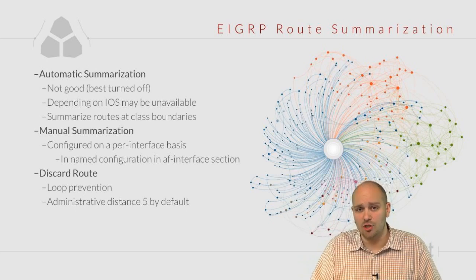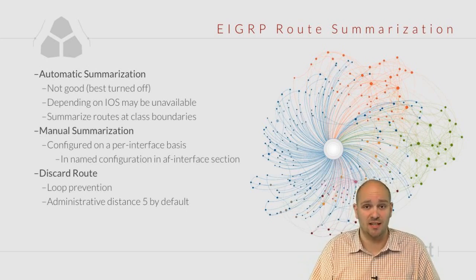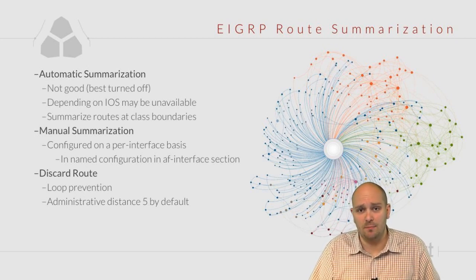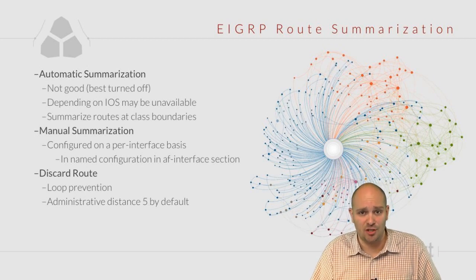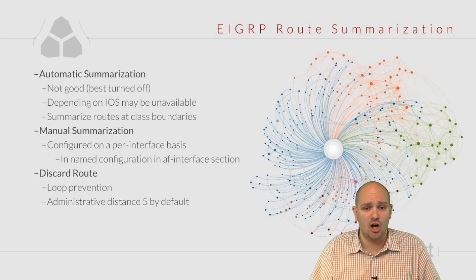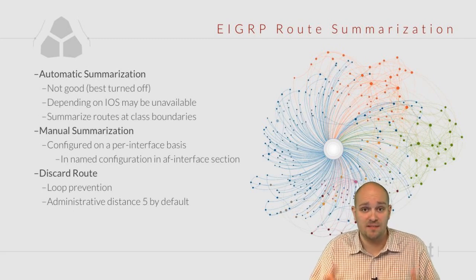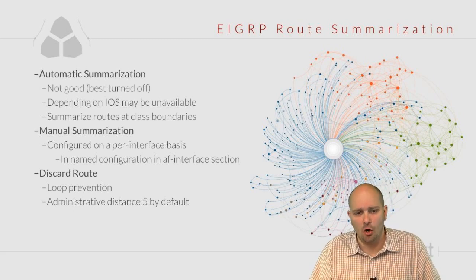In a case that you are using the named mode for configuring EIGRP, the summarization will need to be configured under the EIGRP process, under the address family, and there under the AF interface configuration for the interface that you want to summarize on.